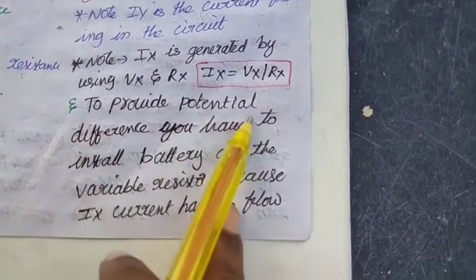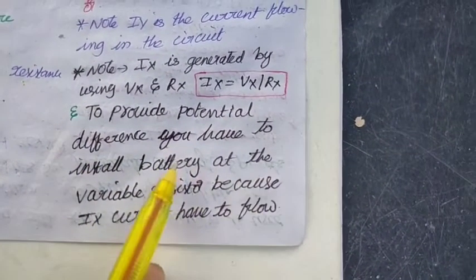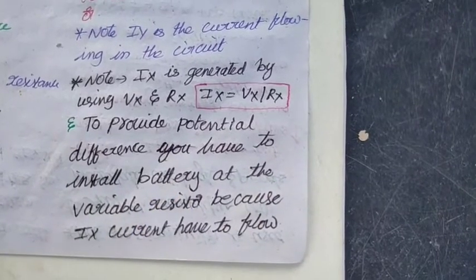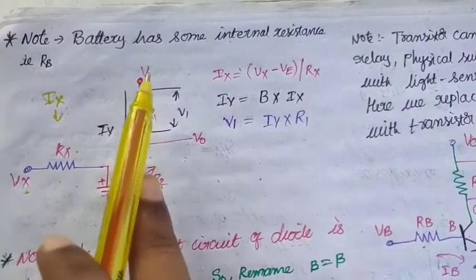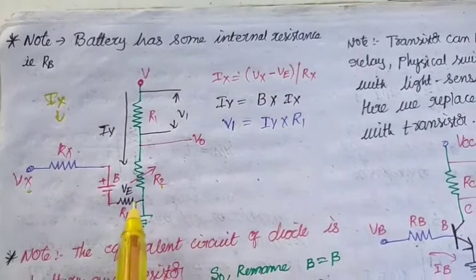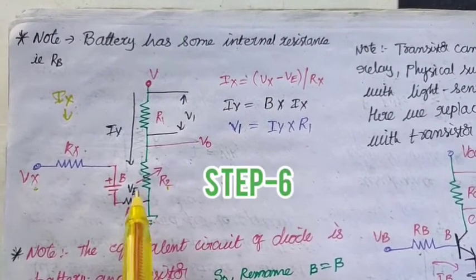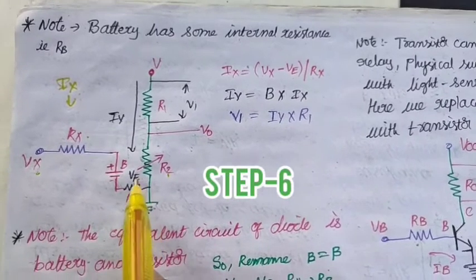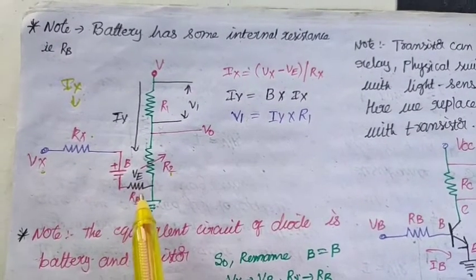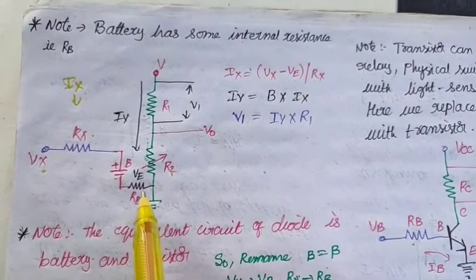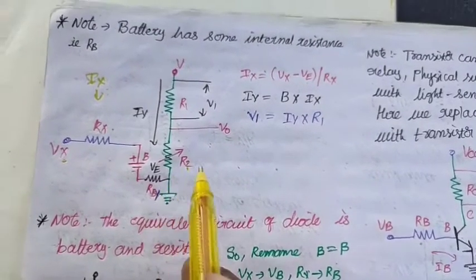So to provide the potential difference, I installed the battery. Now this battery has some internal resistance, that is RB. Okay. So Vb is the voltage drop across the internal resistance of the battery. Okay friends.